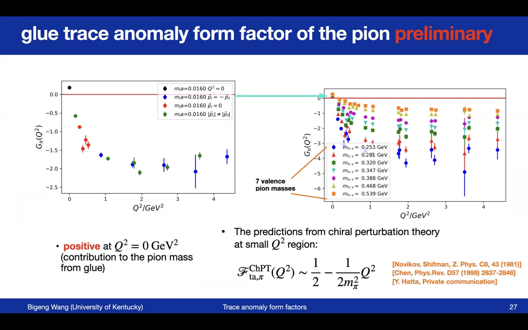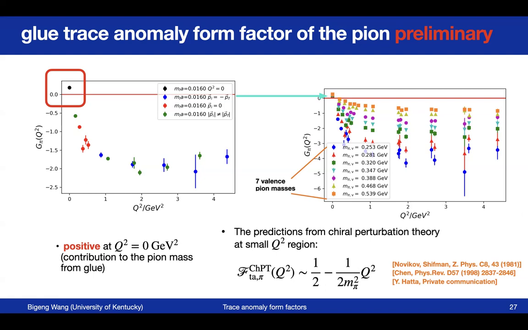All we need to look at here is the zero momentum transfer, which is just a dot here. First of all, it's positive because it's actually the contribution to the pion mass from glue. And the prediction from chiral perturbation theory is also positive, which is 1/2 of the pion mass, by assuming gamma m is negligible.